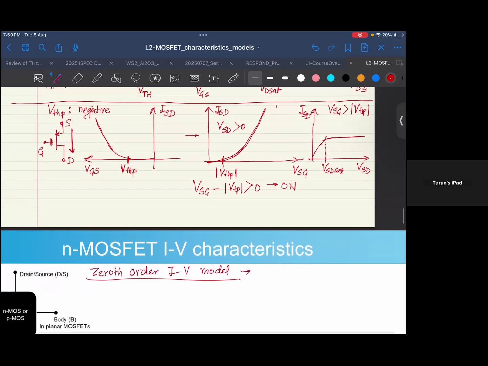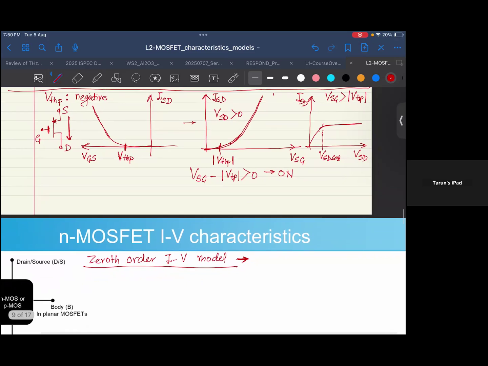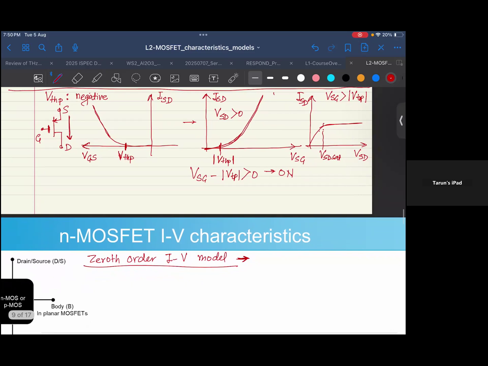model also from physics, which you would probably see in other courses based on semiconductor physics. Here, we would just be writing it based on the observations from the characteristics which we have, right? So first thing is when VGS, and I'm writing this for NMOS, right?